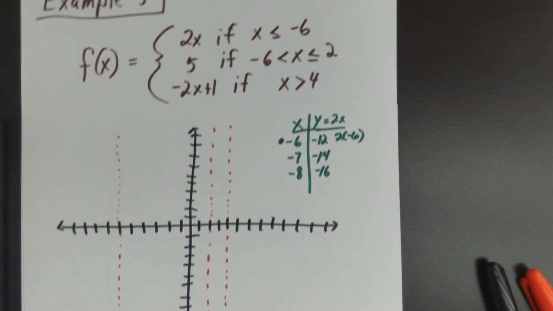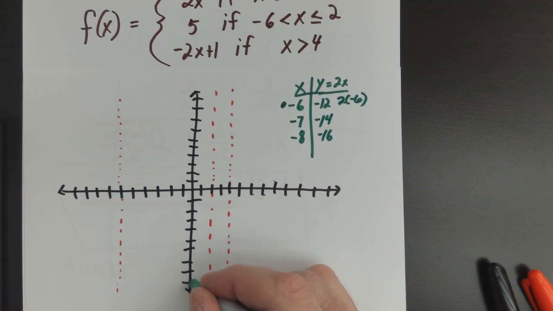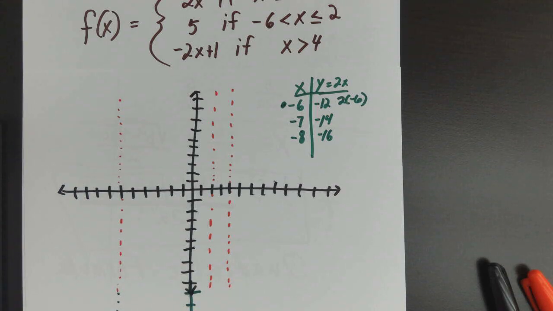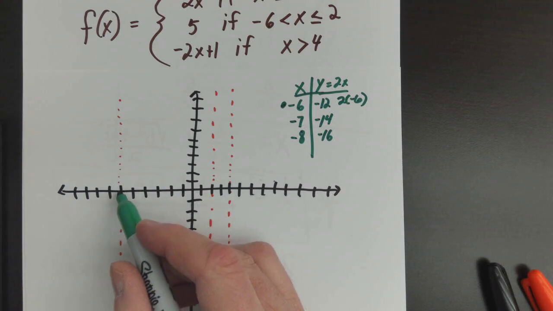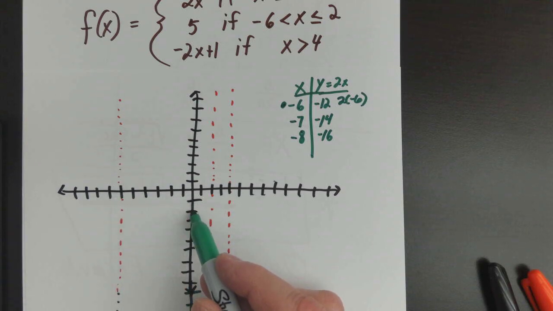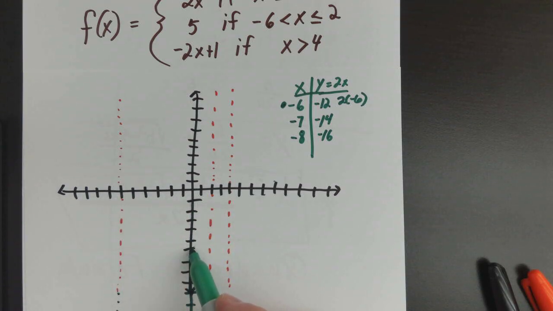All right, so I'm going to graph that. I may have to extend this down a little bit. 1, 2, 3, 4, 5, 6, 7, 8, 9, 10, 11, 12, 13, 14, 15, 16. So that's how far I'm going to go down. I'll just draw this boundary line here also. So -6, -12. 1, 2, 3, 4, 5, 6, 7, 8, 9, 10, 11, 12.